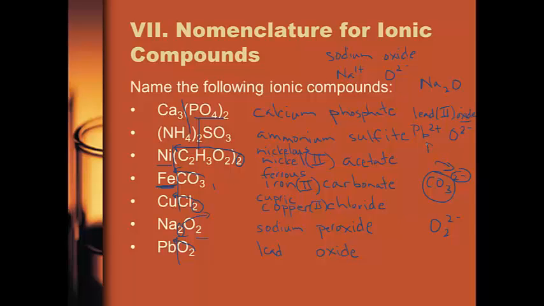So lead(II) oxide would just be PbO. This is PbO2. So what does that mean? Since oxide has to be 2 minus, and there's 2 of these, this must be lead(IV), or plumbic oxide. So double check.